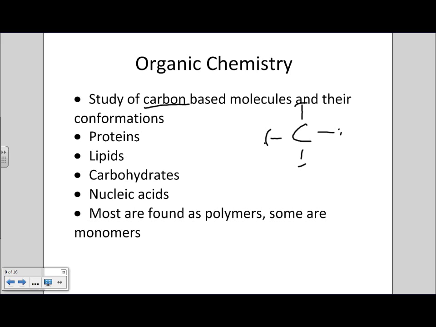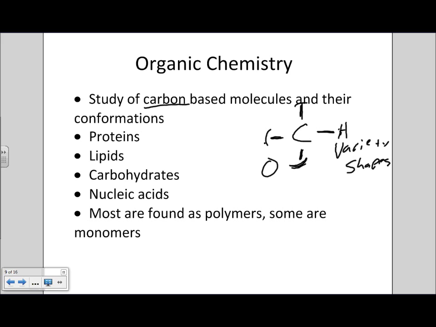Because carbon has 4 of these valence electrons, it's able to form chemical bonds in different directions and form molecules that have a variety of shapes. So that's one cool thing about organic chemistry, the diversity of the shapes of the molecule. And that plays a role in part in how these molecules function, as well as their composition and their shape.